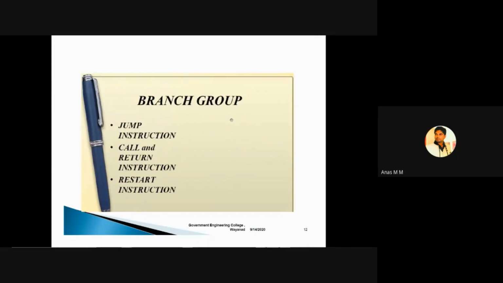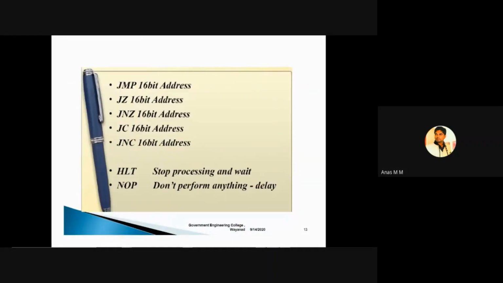Then branch instructions. Branch instructions we basically use for calling a function or jumping from one program location to another program location. Some examples: jump parity, jump zero, jump not zero, jump carry, jump no carry.